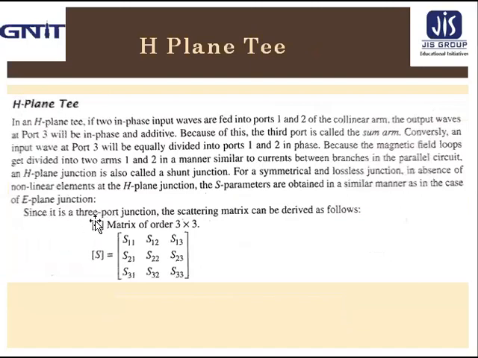Because it is a three-port junction, the scattering matrix can be written as a matrix of order 3 by 3, that is S equals S11 S12 S13, S21 S22 S23, S31 S32 S33. If port 3 is perfectly matched in the junction, then S33 equals 0.